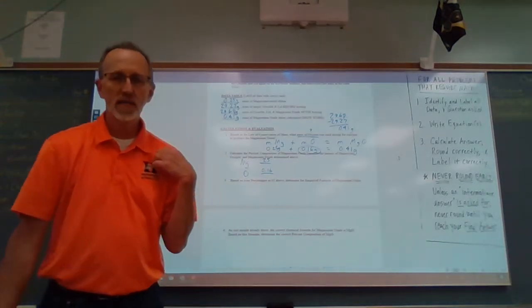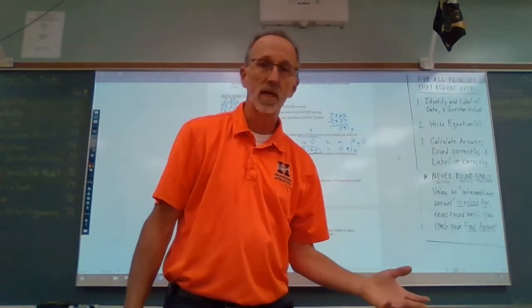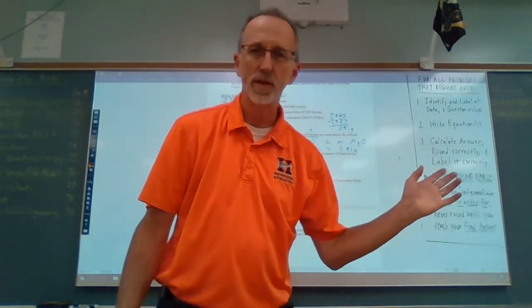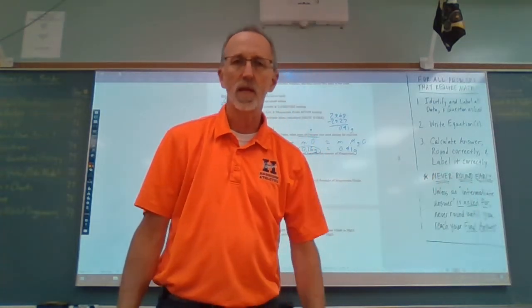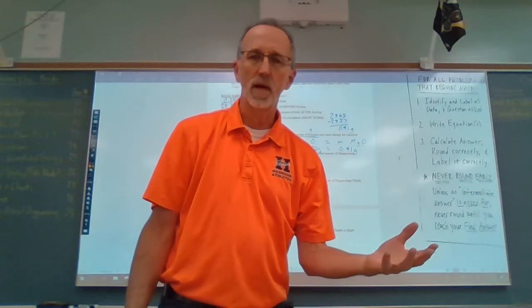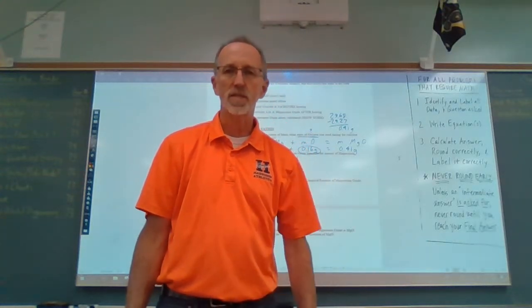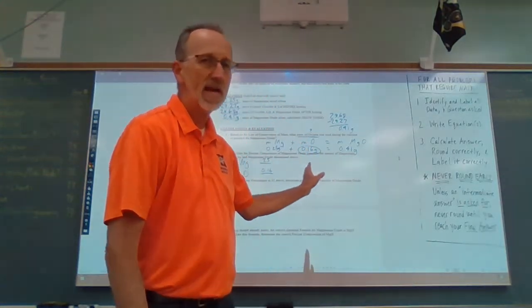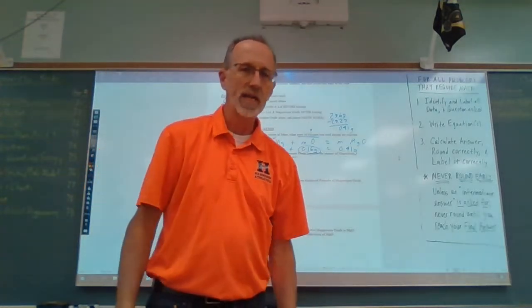And remember, when you calculate percent comp, if you have a formula, which we technically do, but we haven't determined it experimentally yet, we can just use its molar mass from its formula to do percent comp. But we're going to use the masses we actually used on our data table.